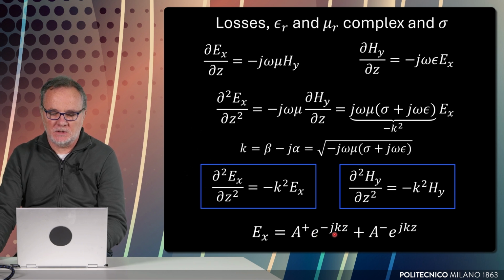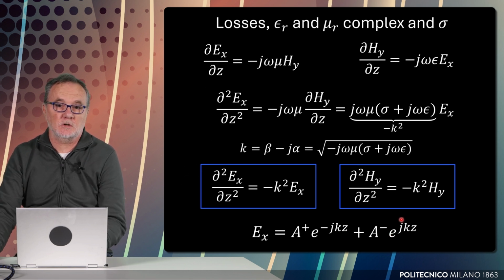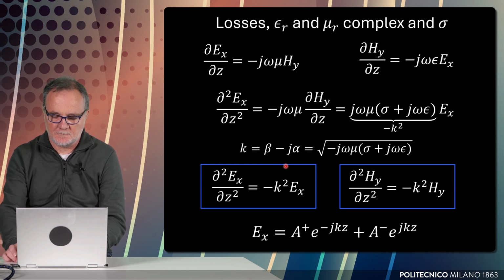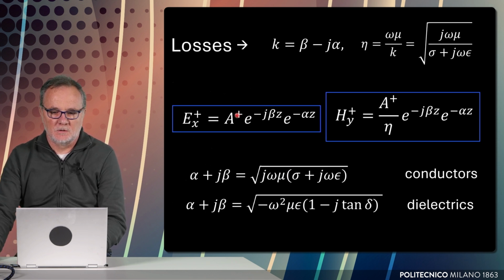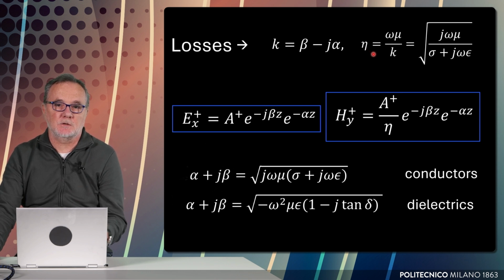So we can formally write for the electric field in the material an expression that is exactly equal to the previous one for the lossless case. But now k is, as you see, complex. So also eta, which represents the relationship between electric field and magnetic field, the wave impedance, is complex, because we can have complex value for mu, complex value for epsilon, and non-zero conductivity.